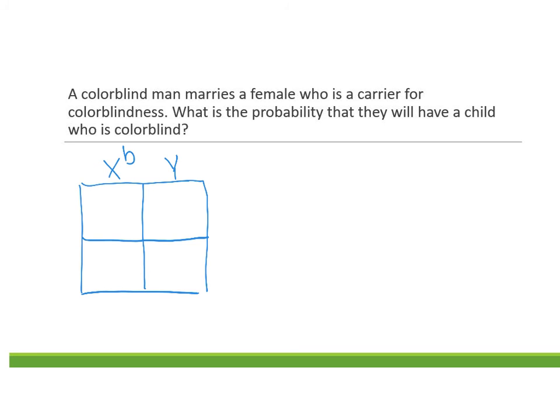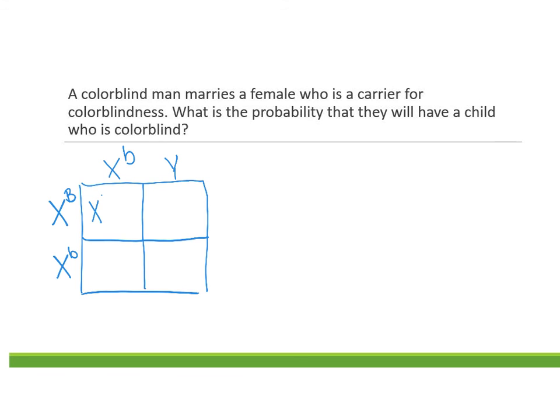And then he marries a female who's a carrier. So females are XX, so one X for each row. And then if she's a carrier, what does that mean as far as her superscripts? Okay, she needs a capital and then a lowercase b. All right, so now I'm just going to combine them.